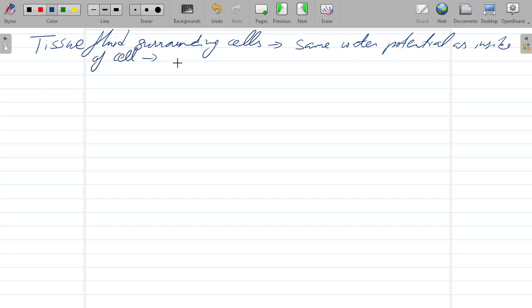And so there would normally be no net movement, and especially no water leaving the cell, because you don't want that to happen.